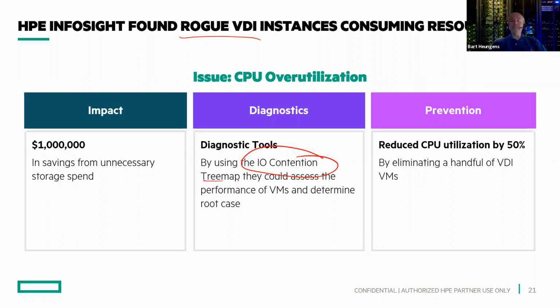And so by using that IO contention tree map, we could find those VMs and find the applications and the users in there who were doing a bad thing. And so thanks to that recommendation, that hospital reduced the CPU utilization by 50%. They wanted to buy new servers. Now, unfortunately, they didn't buy new servers from HP, because InfoSight told you don't need those servers. You just need to reallocate all your resources in a more efficient way.